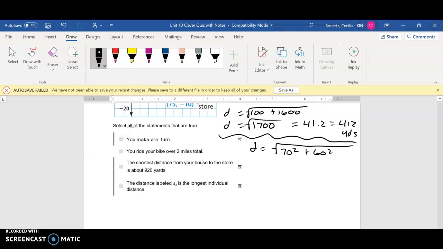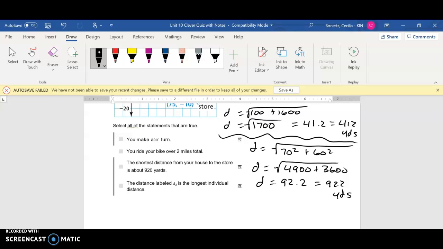So again, I have to square them first, so I've got the square root of 4,900 plus 3,600, so 49 plus 36 is 8,500, so the square root of 8,500 is 92.19, or 92.2, which is 922 yards.